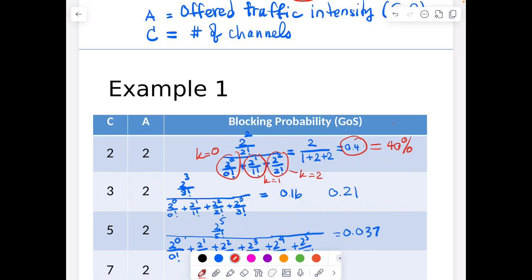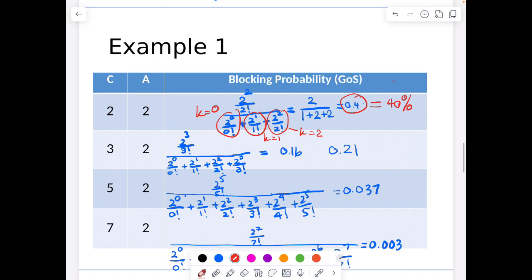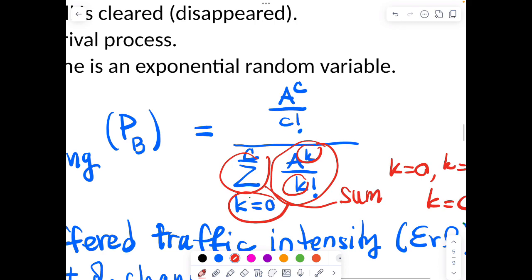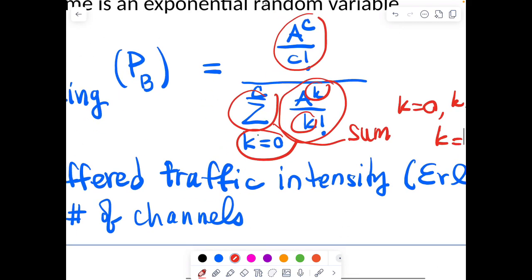So what if we increase the number of channels from 2 to 3? The level of traffic stays the same. So according to the formula, it's 2 to the power c, c is 3, divided by c factorial. Remember, this is the formula that we are using, divided by the sum.